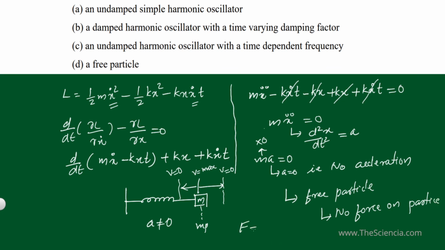You know, F equal to m a. If there is no force, that is F equal to 0, then m will not be equal to 0. Then acceleration a will be equal to 0. So this is the Lagrangian corresponding to a free particle.